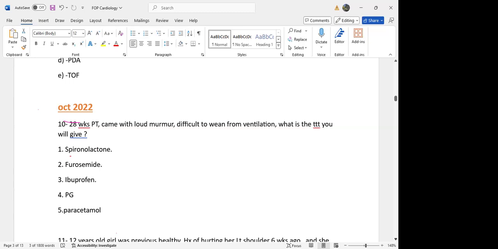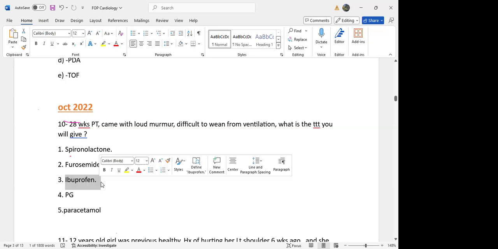So what treatment will you give according to the NICE guideline? NICE guidelines still prefer ibuprofen. Even though in our setups some people prefer to use paracetamol these days, you can check the neonatal guidelines, the recent 2022 to 2024 guideline on patent ductus arteriosus.